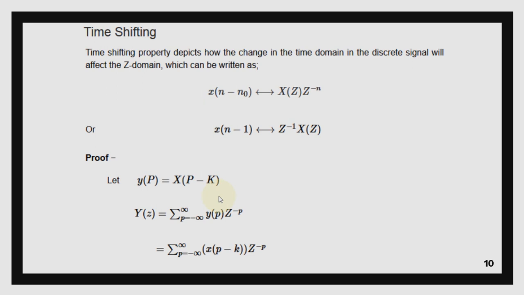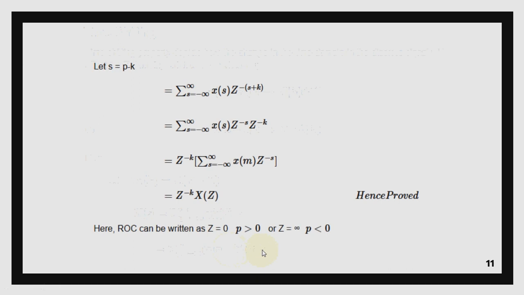Let us derive this property: y of p is equal to x of p minus k. So Y of z becomes summation p equal to minus infinity to infinity of y of p z raised to minus p, and y of p is nothing but x of p minus k, so that is x of p minus k times z raised to minus p. Let s be equal to p minus k. Replace that term: summation s from minus infinity to infinity of x of s z raised to minus (s plus k).